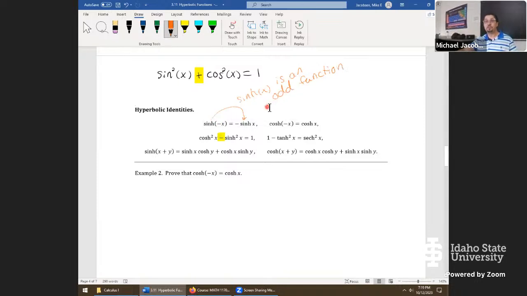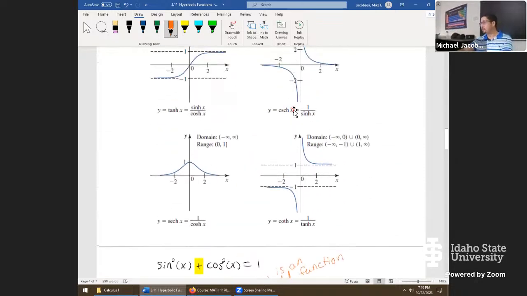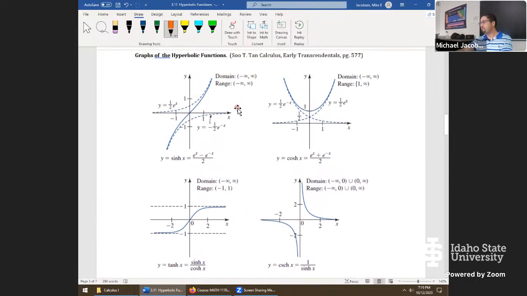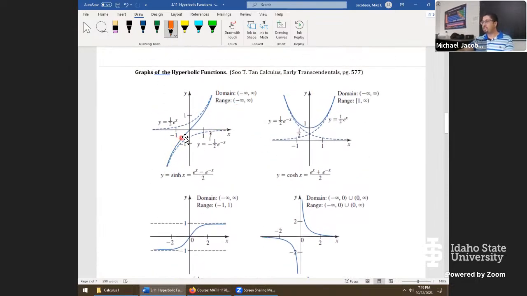Let's see if that really holds true. Hyperbolic sine is this one right here. It's this little S-bend curve, and the dashed lines are asymptotes that it's going to approach at one end or the other. But yeah, if you reflect this line across the y-axis, it would go like this, then reflect the black line across the x-axis, and it overlaps like this. It's symmetric about the origin. And so that's all that identity is about.